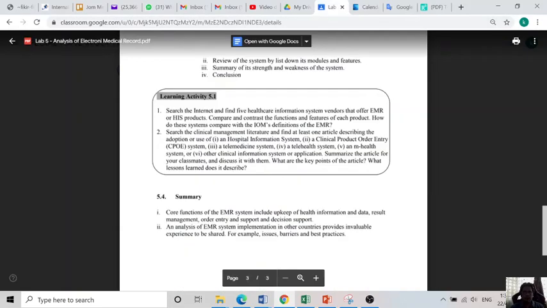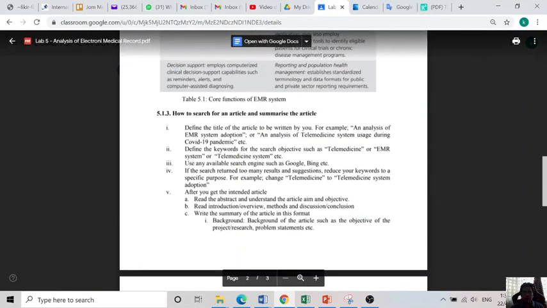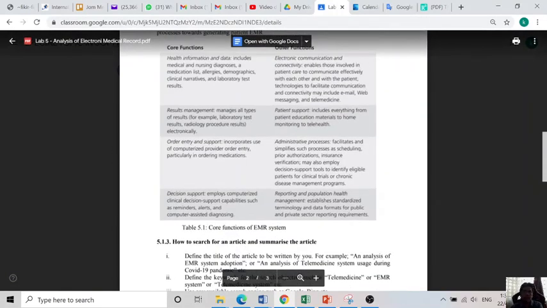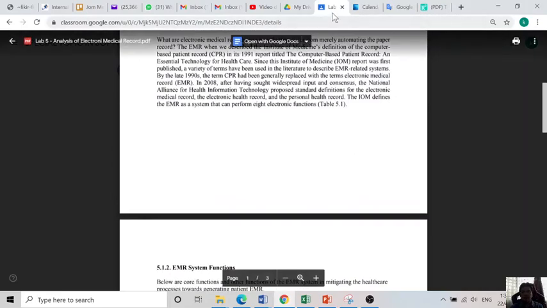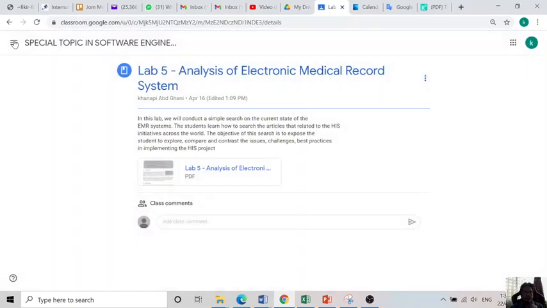Class, I think that's it for lab 5, and I want to inform you, I put a wrong title for the last lab. Actually the last lab is lab 4, not lab 5. So I replaced lab 5 with this chapter. When you look at lab 5, I have changed the title to analysis of electronic medical record system.